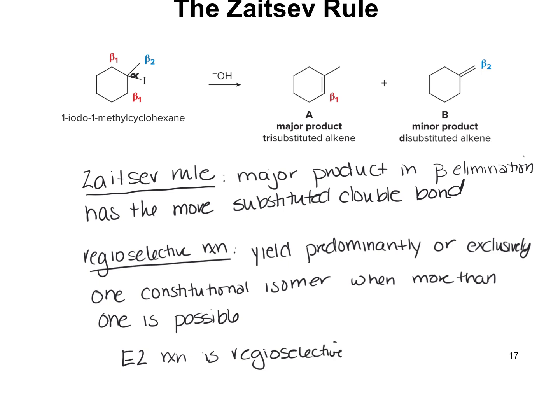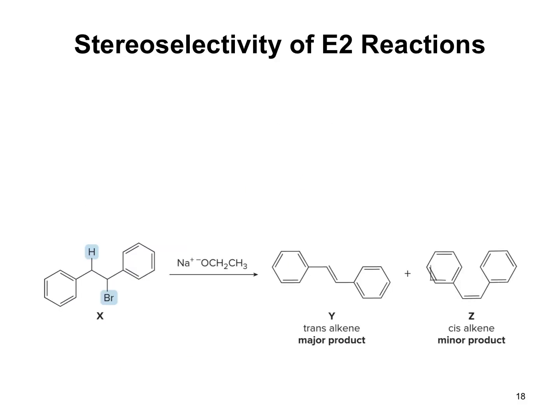Now, what we also find is that a reaction can be stereoselective when it forms predominantly or exclusively one stereoisomer when two or more are possible, right? So this is an example of an E2 reaction that is stereoselective because it will form both the cis and trans isomers, but it will form more of the trans isomer, which remember we said that was more stable, so that's the major product, than the cis isomer.